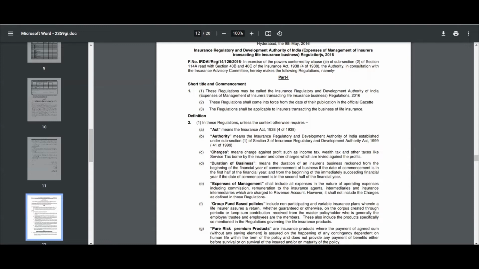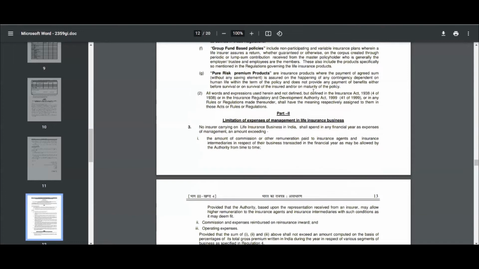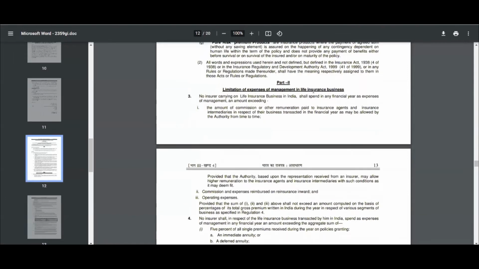So any insurer transacting life insurance business in India needs to abide by those limits as provided by the authority. Expense of management in a particular financial year includes the operating expenses, and the amount paid as commissions or remunerations to the insurance agents and insurance intermediaries, as prescribed by the authority from time to time, provided that the authority may allow the insurer to pay more than what is prescribed after receiving representation from the insurer, under the conditions deemed appropriate by the authority.